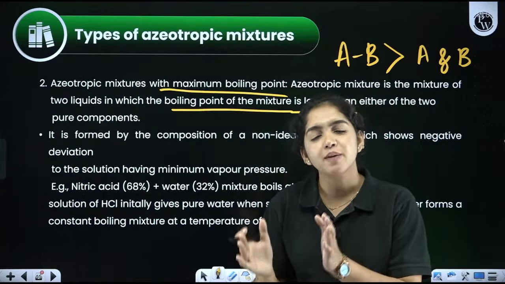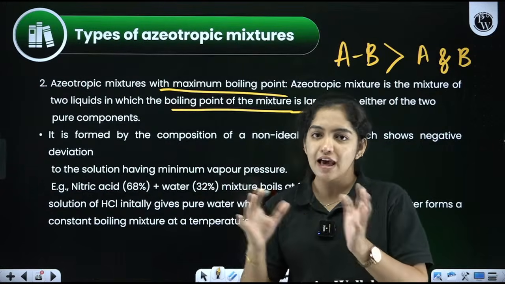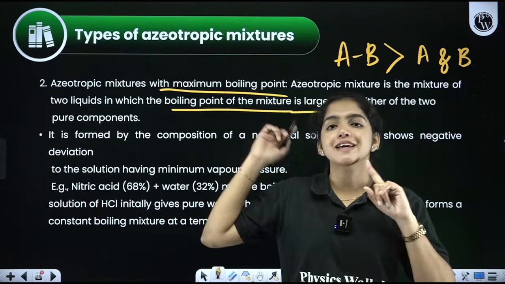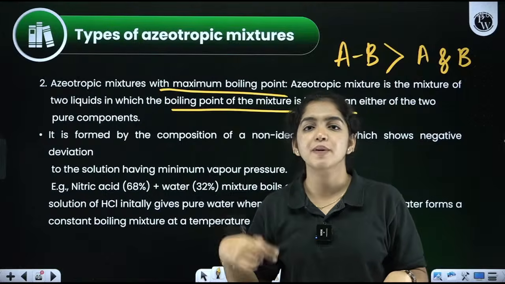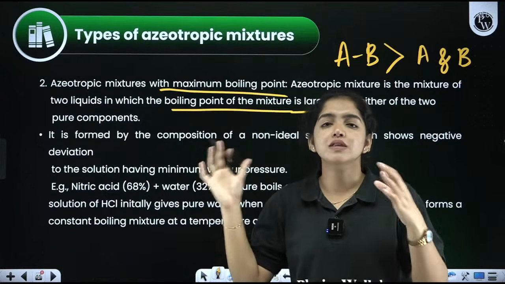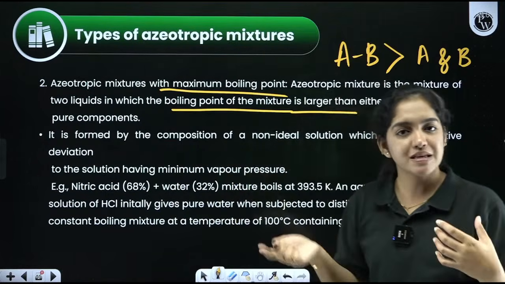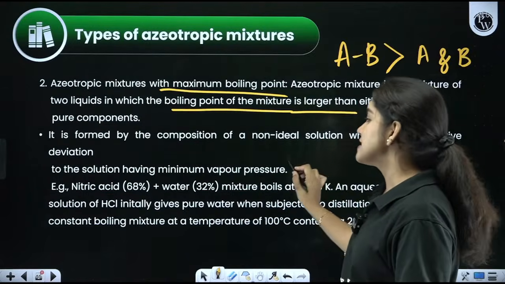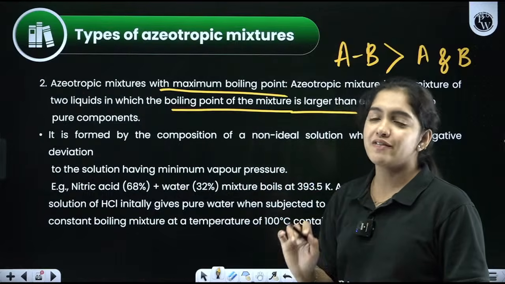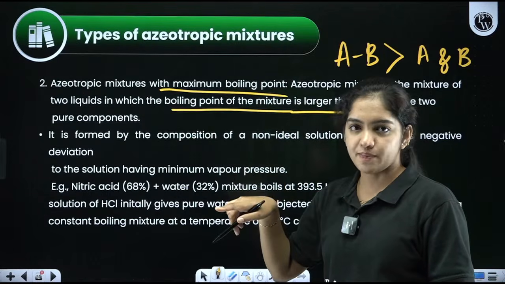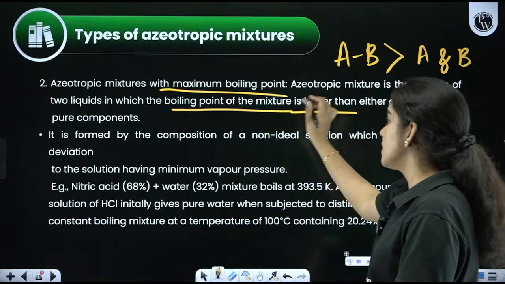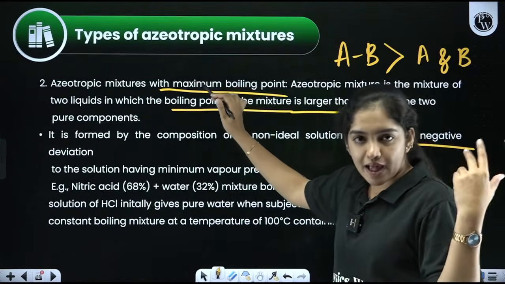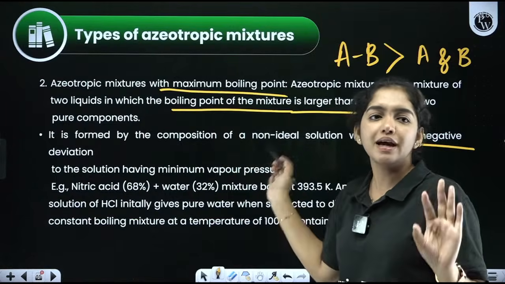Minimum means the AB boiling point will be less than A and B. In the case of maximum boiling point, the AB boiling point is greater than both the pure components A and B. And it is shown by non-ideal solutions showing negative deviation. Minimum by positive and maximum by negative, just opposite, okay.